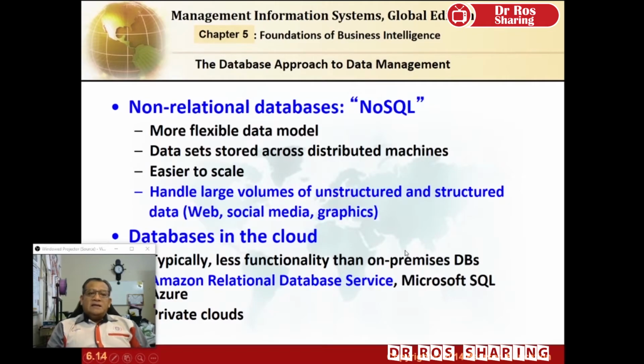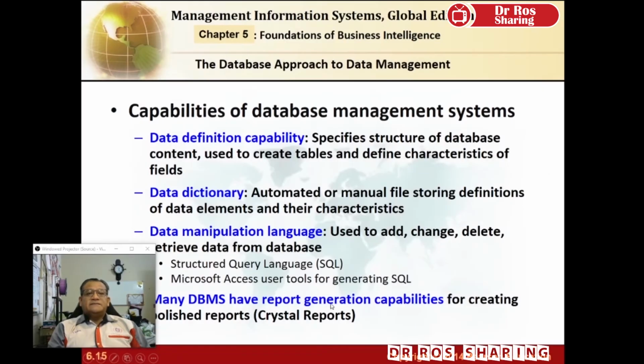Okay, in the database approach to data management, basically there are relational databases and also some non-relational databases. Some databases exist in the cloud, for example, Amazon Relational Database or Microsoft SQL Azure, and so on. There are many types of databases.